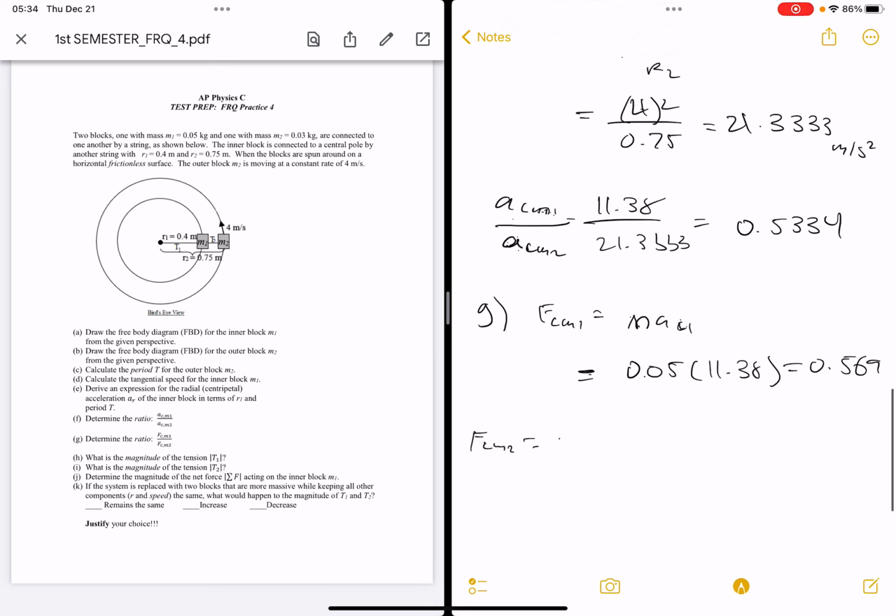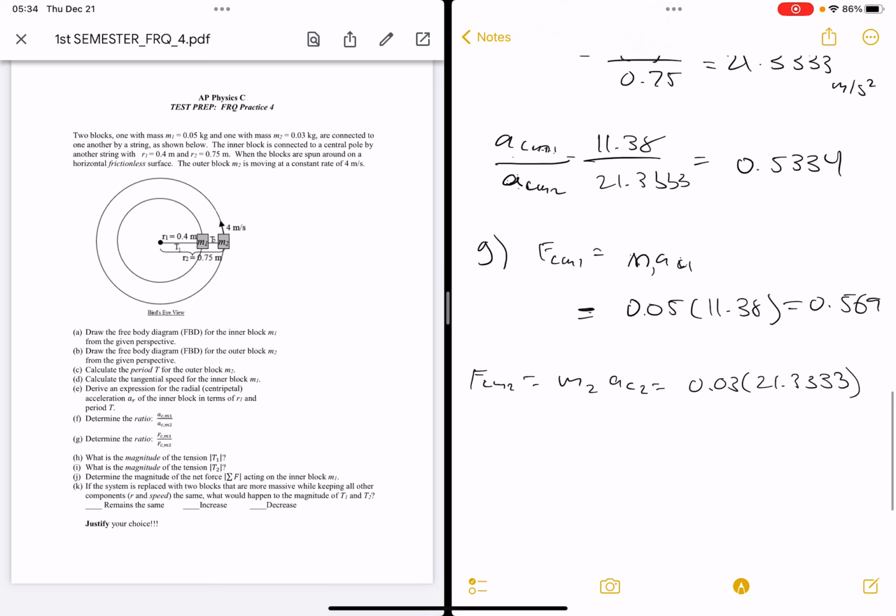FCM2 equals just M2 AC2, which equals 0.03 times 21.3333. That means that FCM2 is just 0.64.